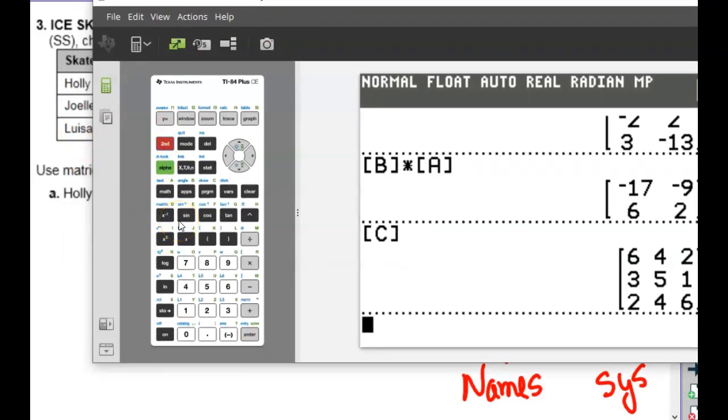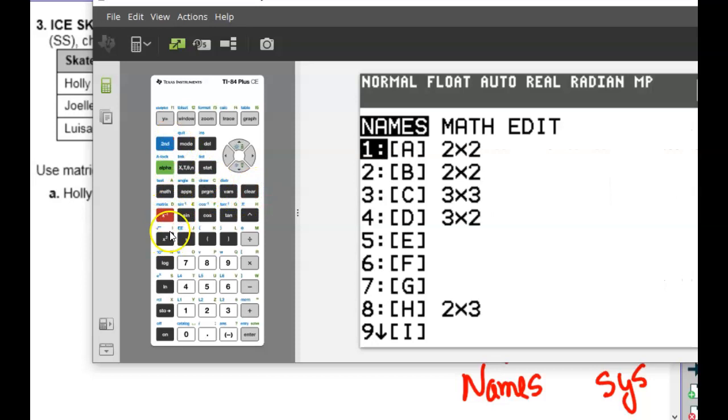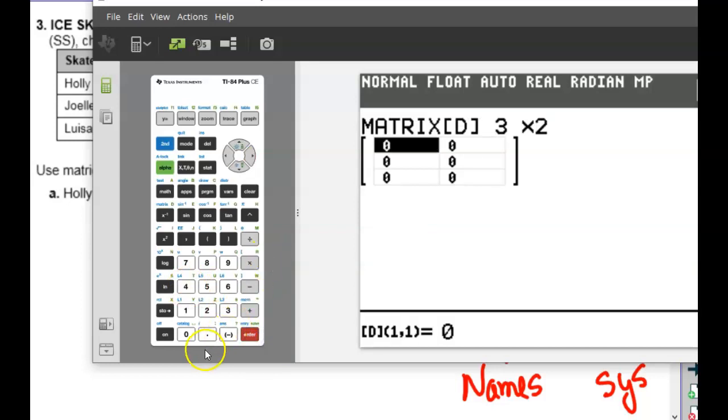If I don't want ginormous numbers, guys, I need to put them in as decimals. So I'm going to go to matrix D. I have a 3x2, is that right? Can anybody read me the decimals?